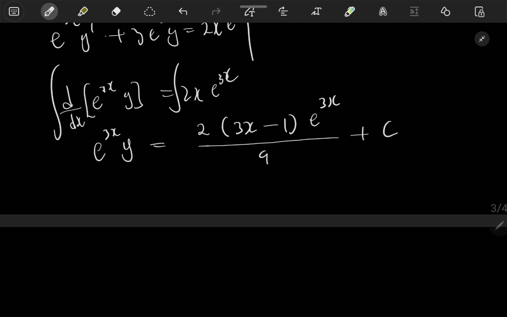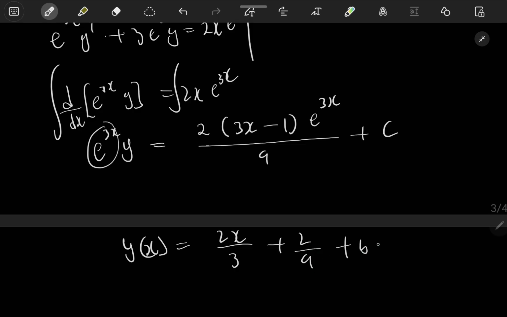Then you can divide by whatever is here to have y equals something. If I divide by that e to the 3x, I'll have a function that looks like 2x over 3 plus 2 over 9 plus, or I call my constant c, c e to the negative 3x, negative because I divided by it.